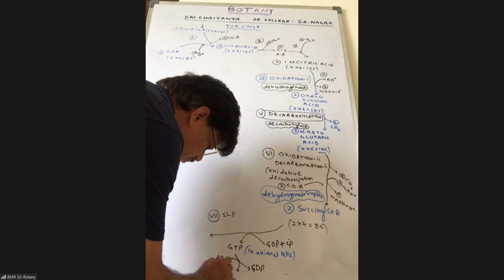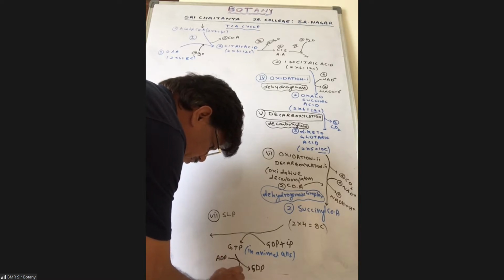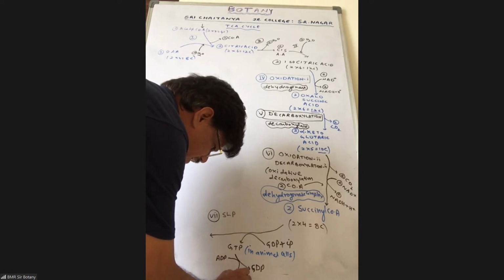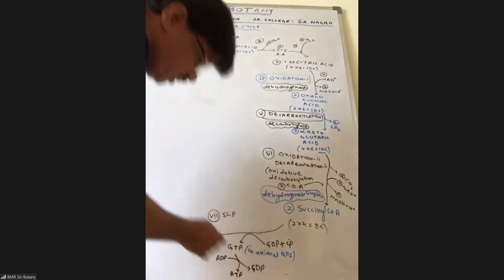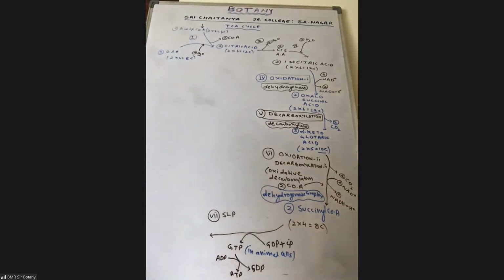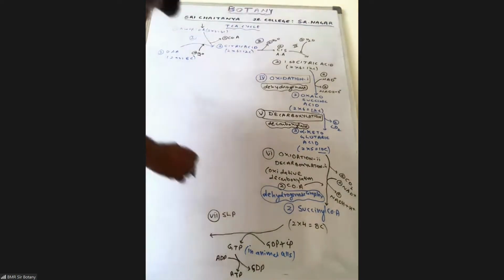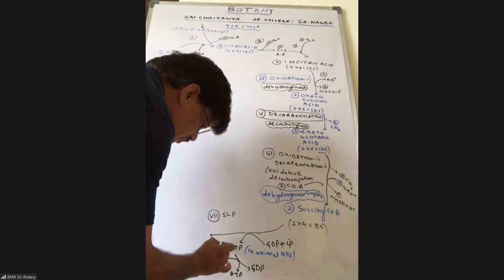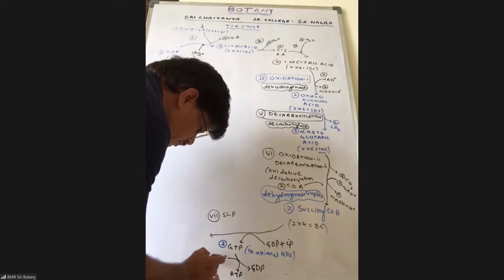During this time, ADP becomes ATP by transphosphorylation, and this is how. So that's why we take GTP as equal to ATP. Two molecules, remember.